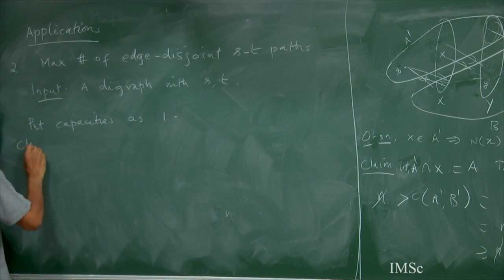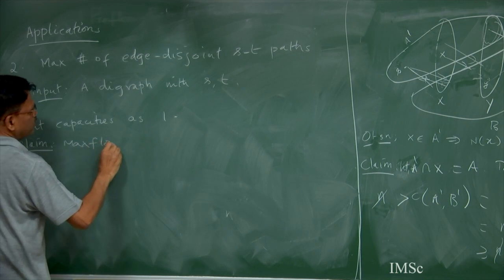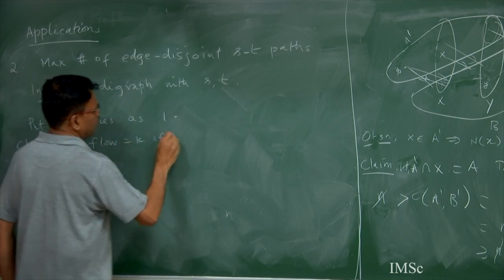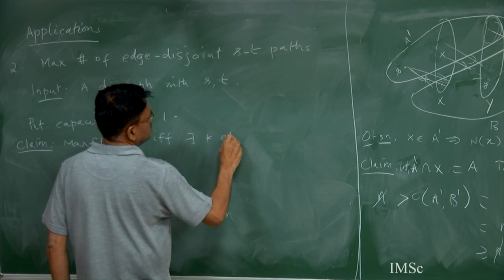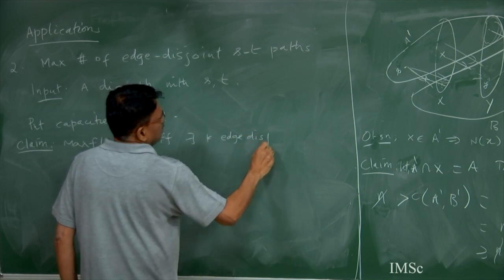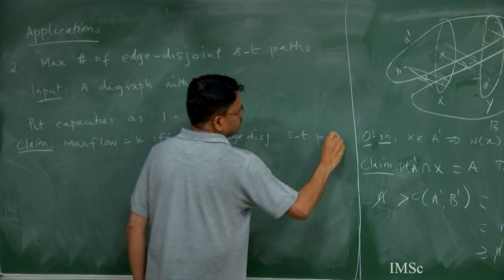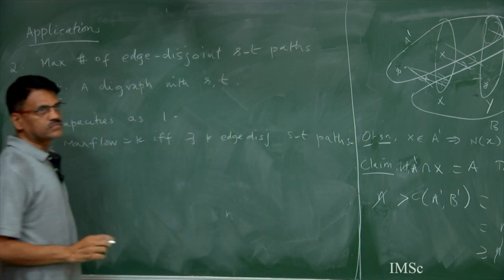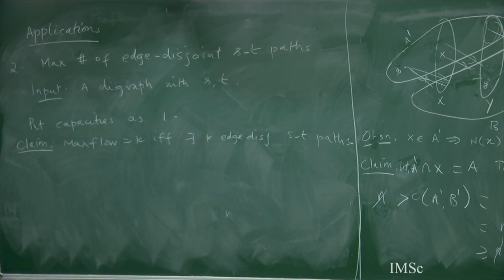The claim is that the max flow value here is K if and only if there exist K edge disjoint ST paths. Again, one direction is easy: if you have edge disjoint ST paths, then you just send a flow of 1 through those edges and you'll get a flow of K.